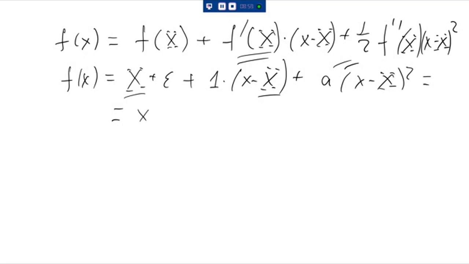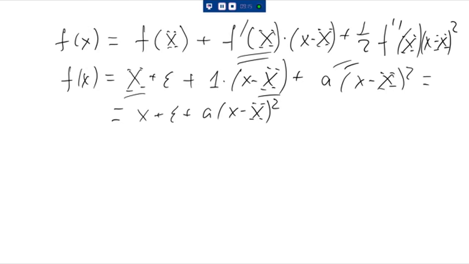We will have x plus epsilon plus a times x minus x capital squared. Thus, the approximation of our map x n plus 1 is equal to x n plus epsilon plus a times x n minus x capital squared.